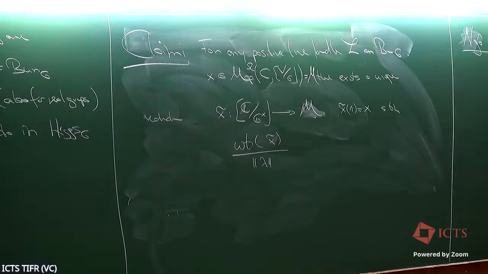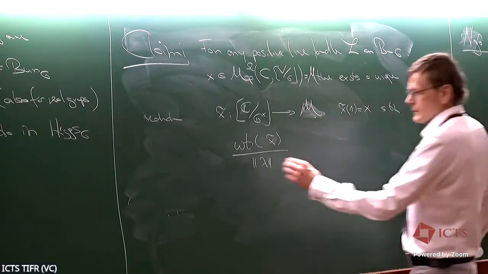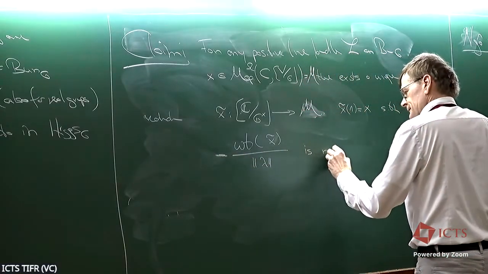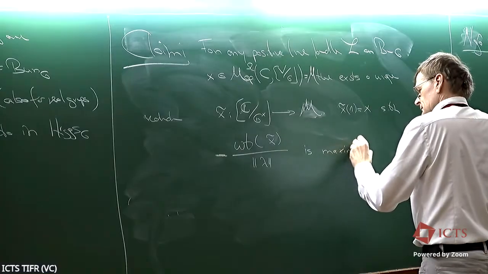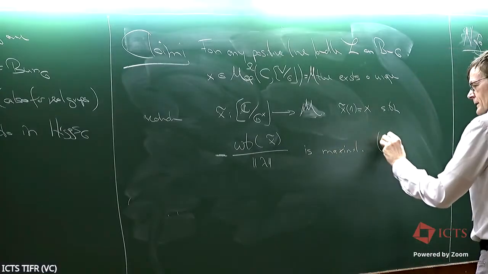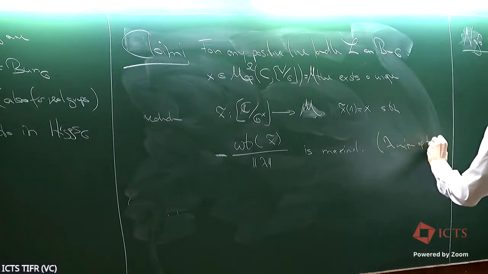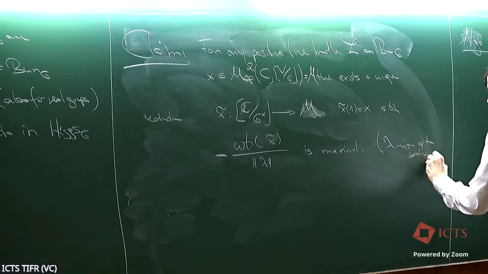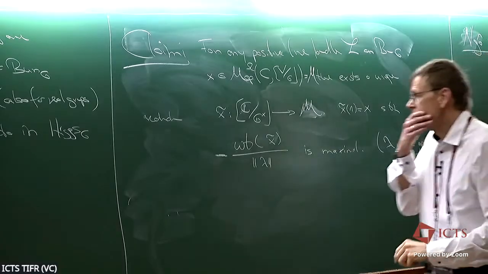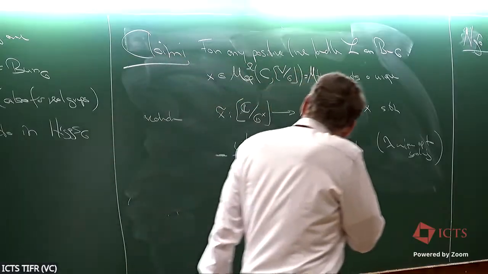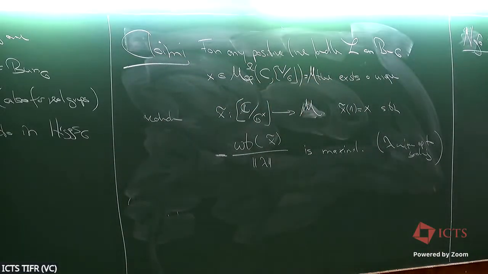For semistability, I ask this weight to be positive. If it's unstable, this maximum will be negative. And λ is unique up to scaling. Right. So that's this.